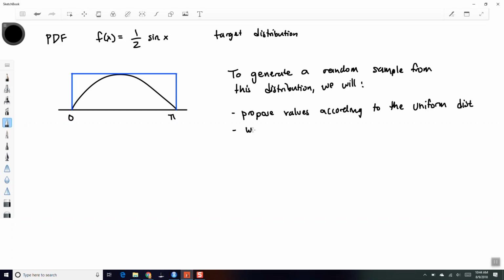And then we generate another value between 0 and 1.